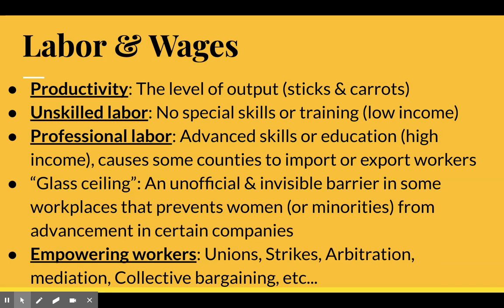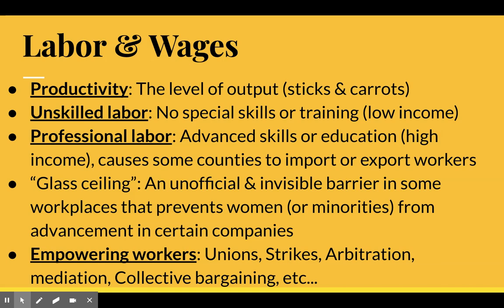Sometimes they'll have strikes where they'll refuse to work until their wages are increased or until they're compensated fairly. Sometimes they have to go into arbitration. Somebody moderates a discussion, or mediation is another word that's sometimes used. Trying to mediate a discussion.